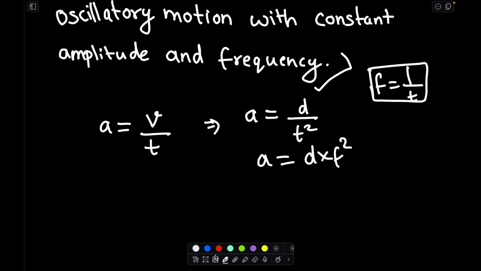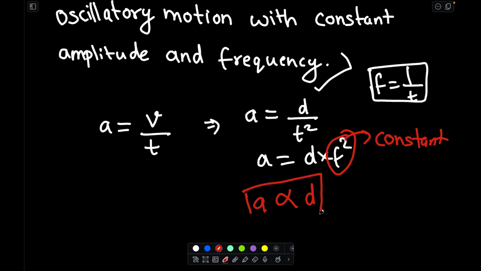Then that means that, since frequency is going to be constant, for a simple harmonic motion acceleration is directly proportional to the distance traveled. That is the condition that should be satisfied for a body to possess simple harmonic motion.